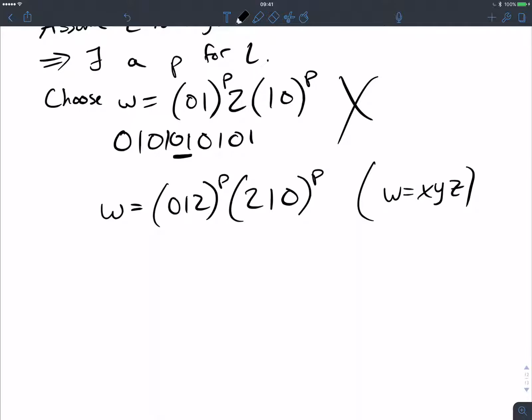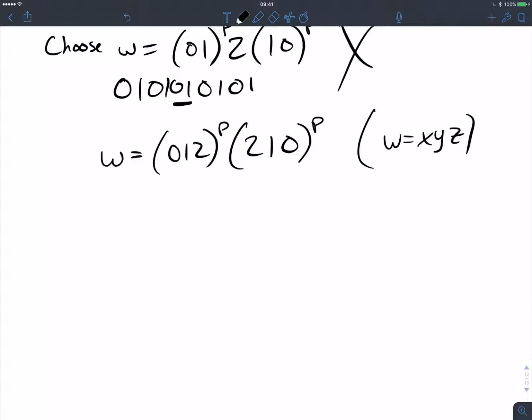Well, if y was a single 2, and I put more 2s on the left side, that wouldn't change anything, and I would never leave the language. So if y was a single 2, what should I do? What if I removed it? That would increase the number of 1,0 substrings.